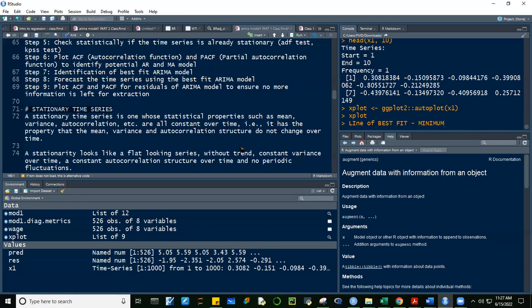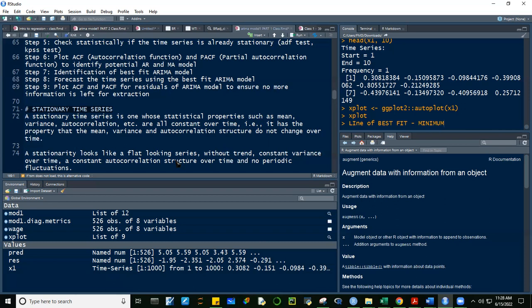On the other hand, if the data has non-constant variance, then what we usually do is to get the log of the data. And of course, if you get the log of the data, then you have another series. You have a different series already. You have the log of the data and not the data itself.